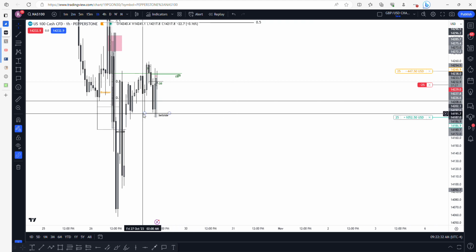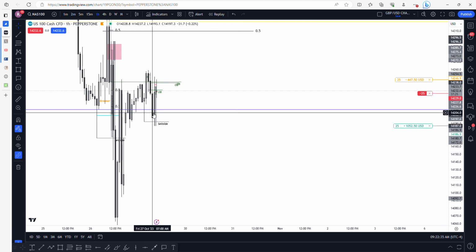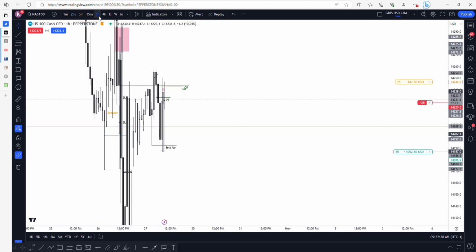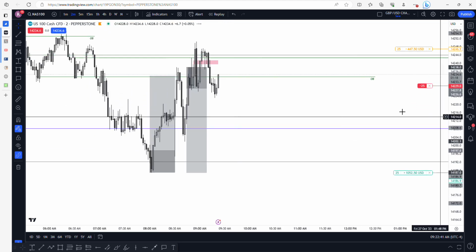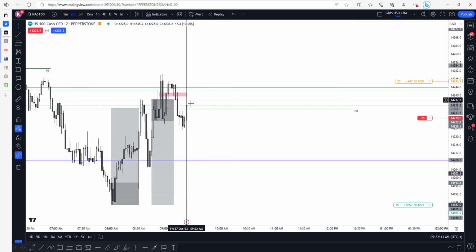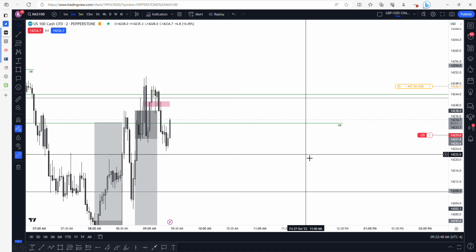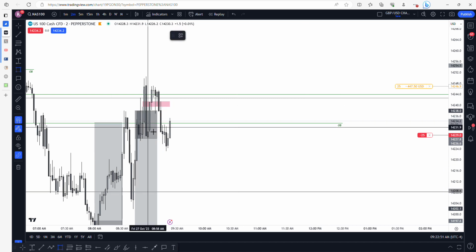This was gonna be my target, but we were so close to it when I got to the charts, and I was like, yeah, it was just too obvious. Price is more than likely going to that shit right away. This would be a better entry, but since this is before the times I trade, which is 10, I don't want to add another one.